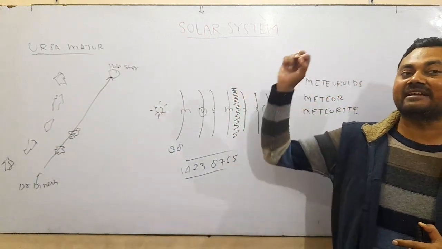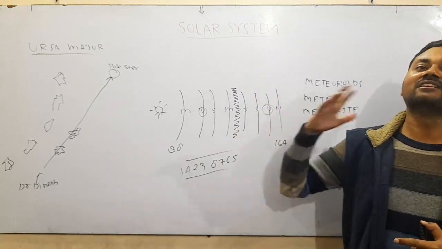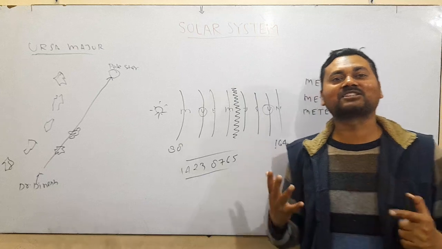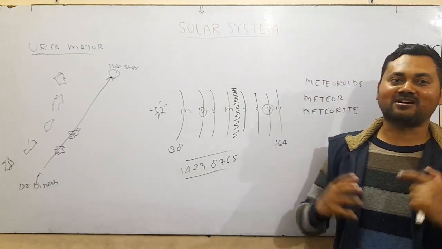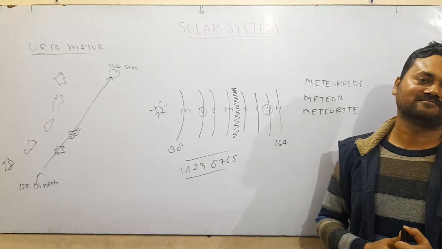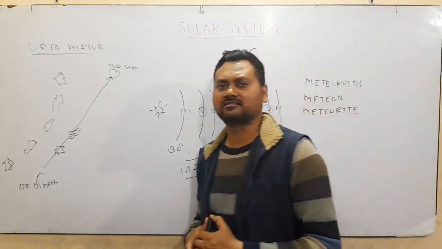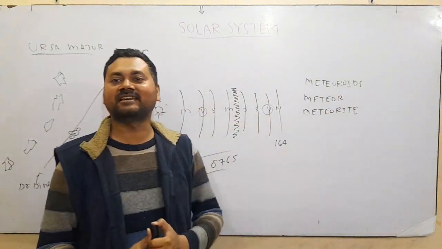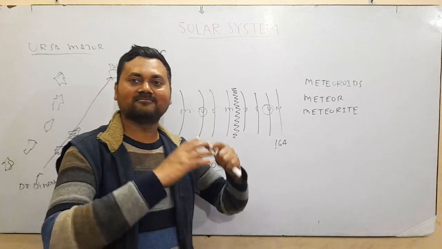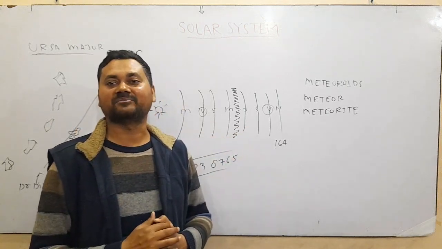And when they strike a certain portion of the earth's surface, we get places like Lonar Lake located in Maharashtra, and other things, because they are so huge in size that they can sometimes devastate a whole village.